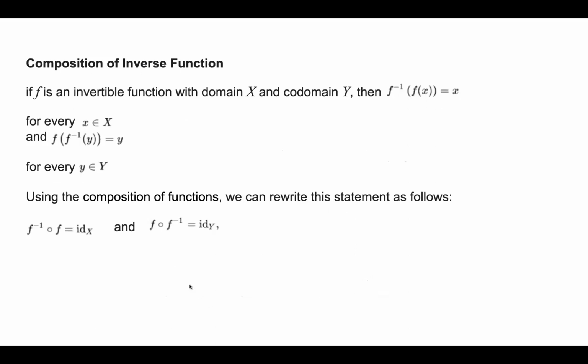And the last bit regarding inverse is composition of inverse function. If f is an invertible function with domain X and codomain Y, then f inverse of f of x is equal to x for every x belonging to X, where X is the domain set and Y is the codomain set.